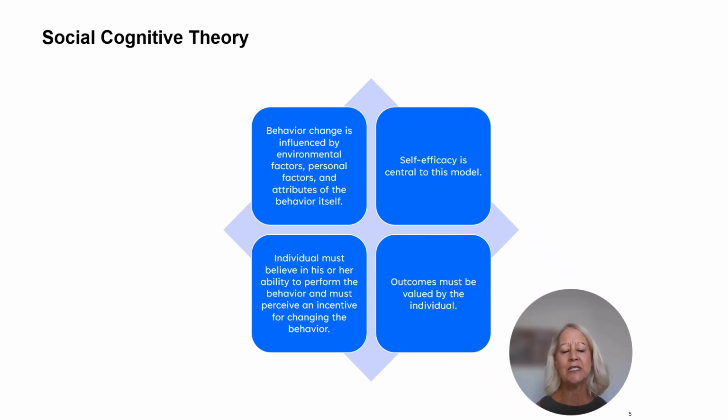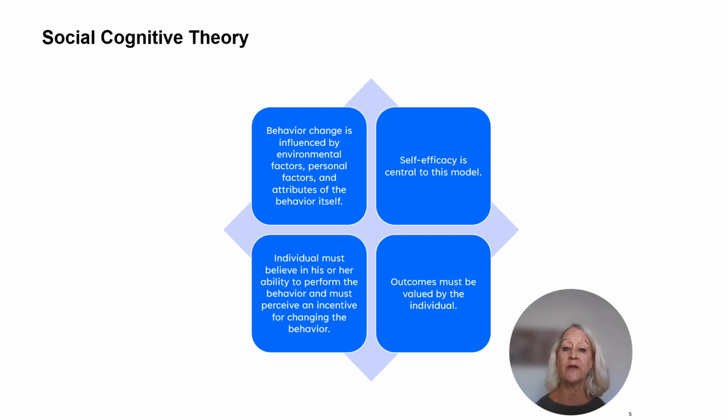The anticipated consequences of a behavior are the outcomes. A person must believe that the behavior will lead to a valued outcome, and that the outcome is personally important. Reinforcement can be internal or external, with praise and rewards, and it helps to shape our future behavior and sustain our motivation.